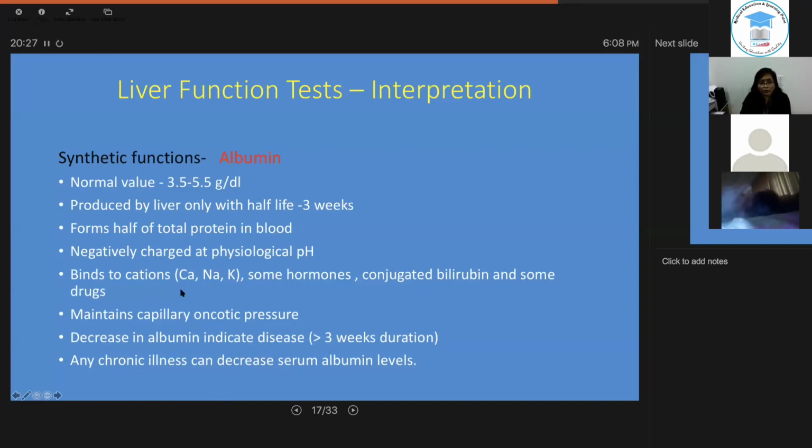The binding of albumin to some of the drugs is very, very important. Why? Because say the patient is taking anti-tubercular therapy and the patient has low albumin. In that case, the bound fraction and the unbound fraction will change, and sometimes the patient can develop toxicity.